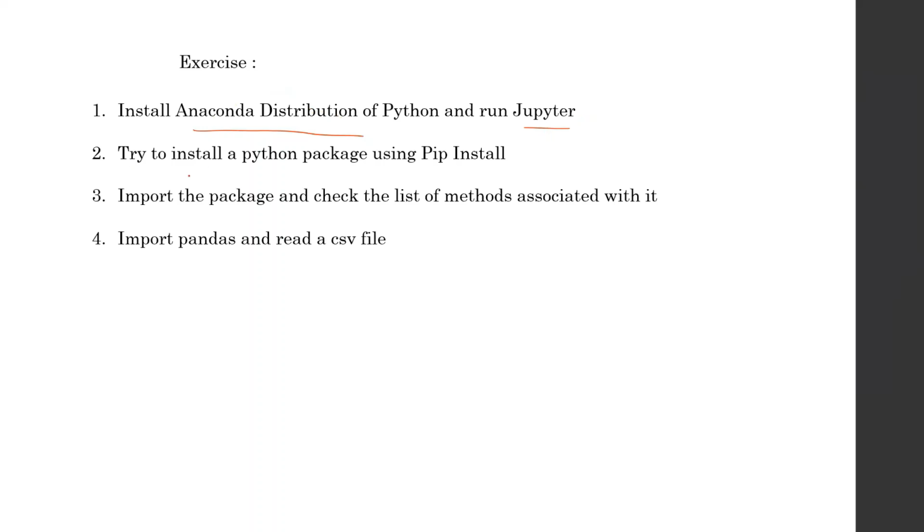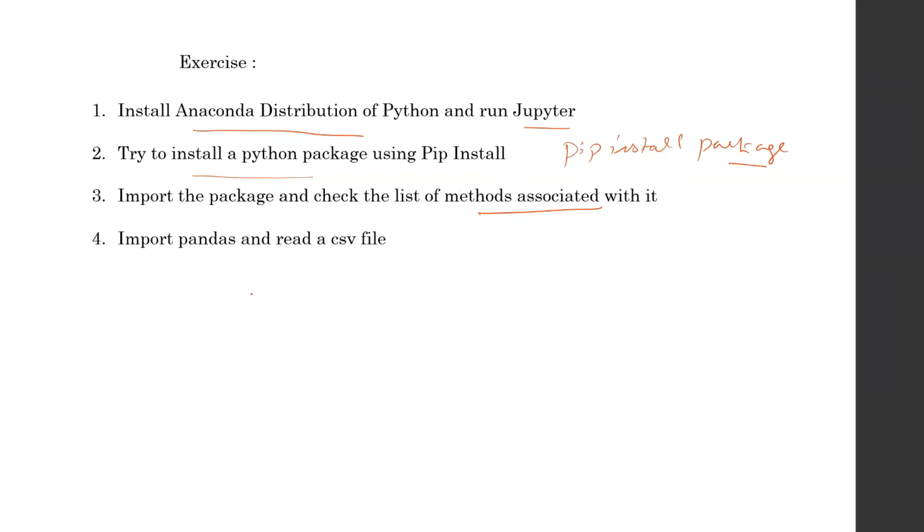The second thing is to install a Python package. Check if there is any package that is not part of the Anaconda distribution, and try to install it using pip install in your Anaconda prompt. The third step is to check the list of methods associated with the package.